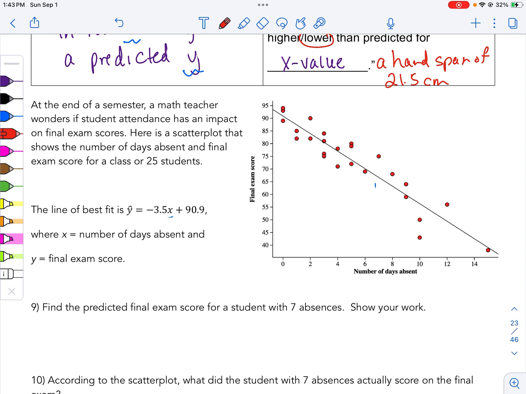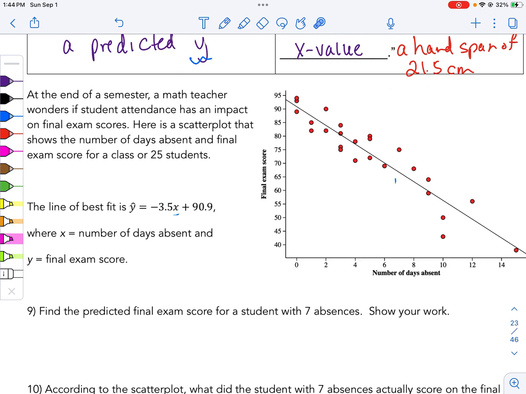If you look at the next problem, it says, at the end of the semester, a math teacher wonders if student attendance has an impact on final exam scores. Here is a scatter plot that shows the number of days absent and the final exam scores for 25 students. I'm not going to make you plug in the data to your calculator. If you look down below, I actually came up with that equation for you: y hat equals negative 3.5x plus 90.9.